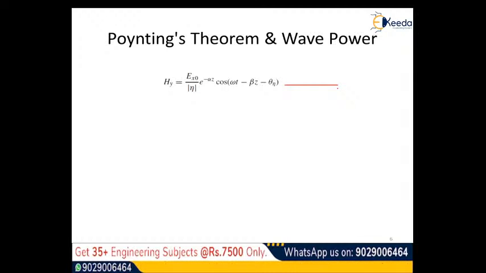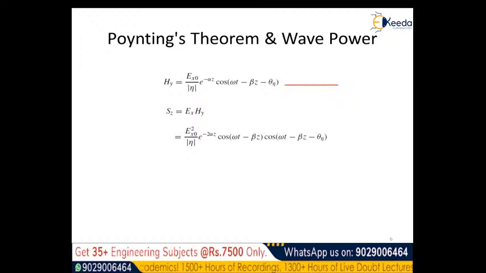By the use of equation number 21 and the earlier equation 19 representing the electric and magnetic waves for the lossy type of dielectric medium, the power density amplitude can be described by Sz, that is equal to Ex multiplied by Hy. So here it will be Ex0 squared divided by the mod of eta into e to the power minus twice alpha z, cosine of omega t minus beta z into cosine of omega t minus beta z minus theta suffix eta.